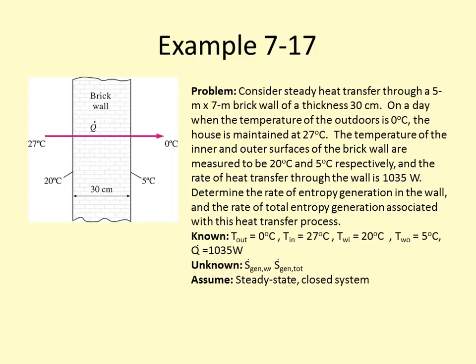If we do the wall plus the surroundings, our equation is the same. S dot gen is equal to S dot out minus S dot in is equal to Q dot out over T minus Q dot in over T as it comes in.